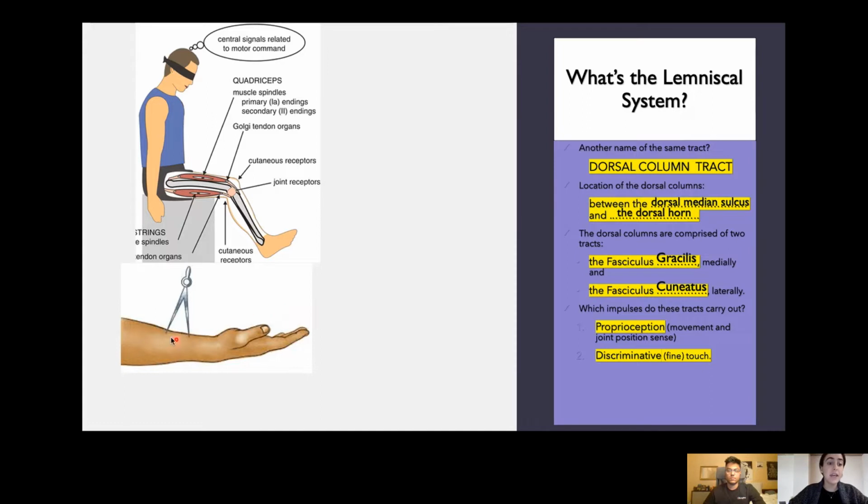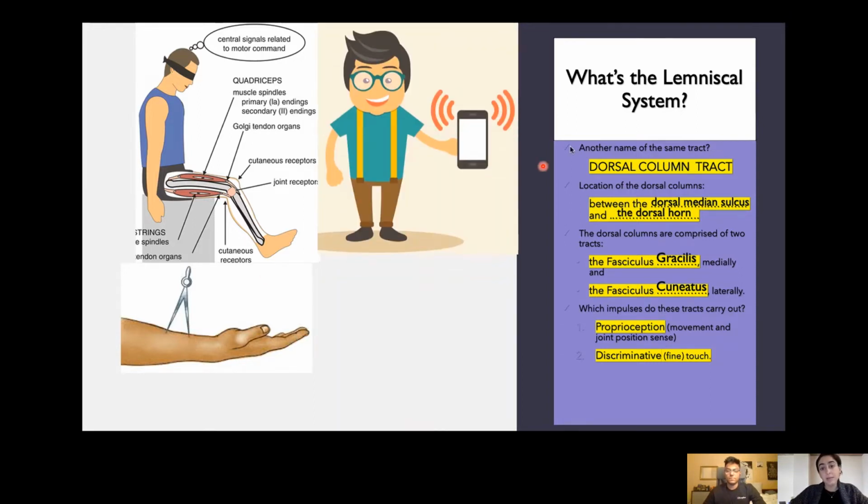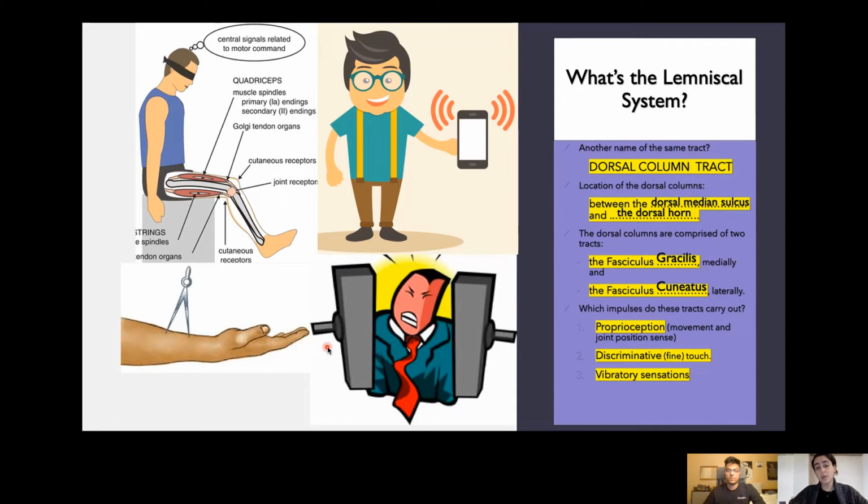That means that if you're touched in 2 different points, you know that there is contact in those 2 different points. Then vibration. This is another impulse. And you can also be aware of pressure on your skin.